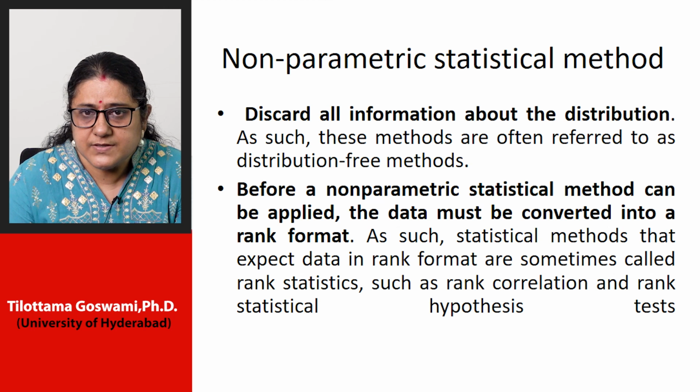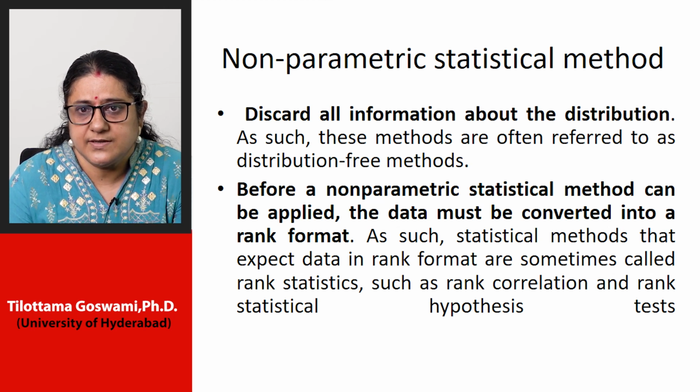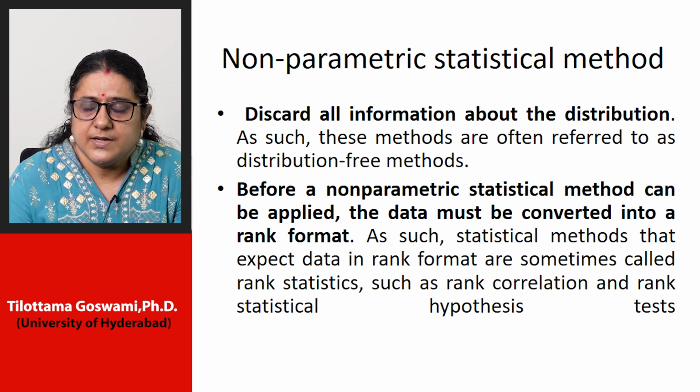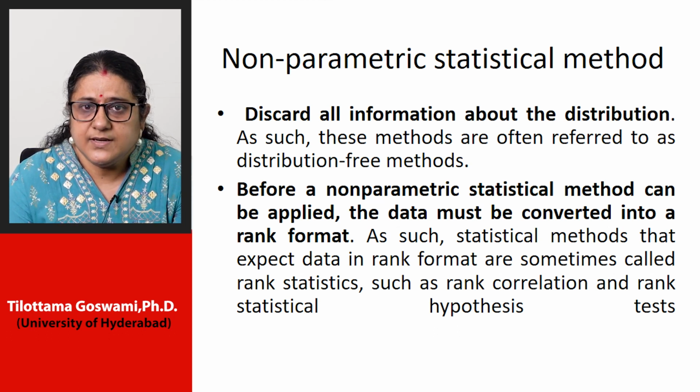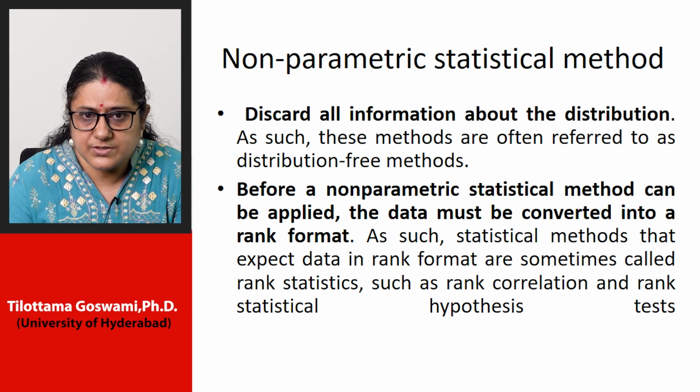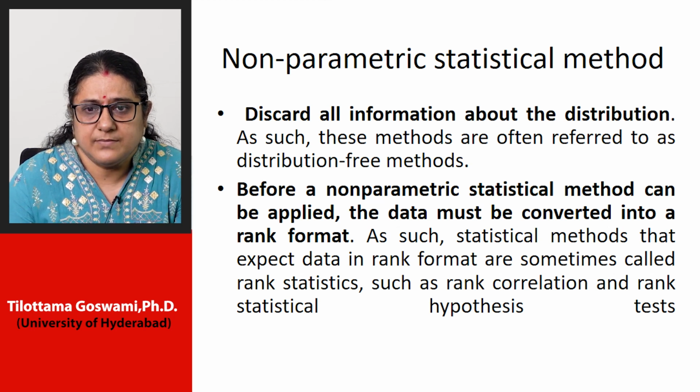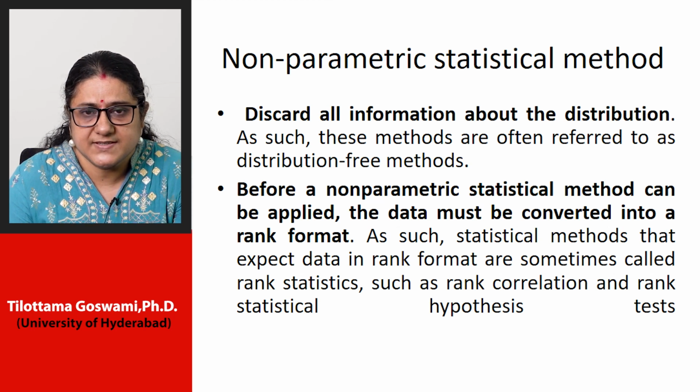When for a particular distribution we know the mean and the standard deviation, then it is parametric. Before using machine learning, we are aware of the distribution of the data set. In case we do not know the distribution, a non-parametric statistical method can be applied, where the data is converted into a rank format. It is sometimes called rank statistics, and rank correlation and rank statistical hypothesis tests are used.